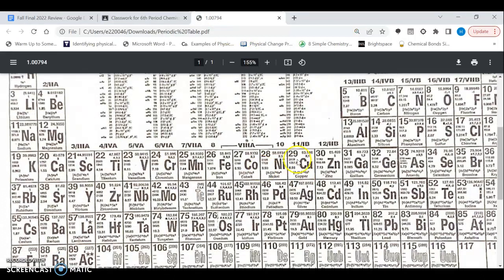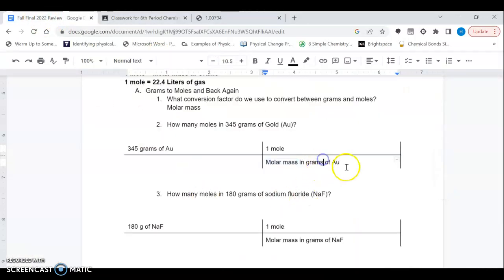So, on the periodic table, those precious metals, copper, silver, gold, are all in a row right here. And if I look, there's my upper right number, 197, is the mass of gold. That's the atomic mass of gold, and in this case, since it's just the one atom, that's it.